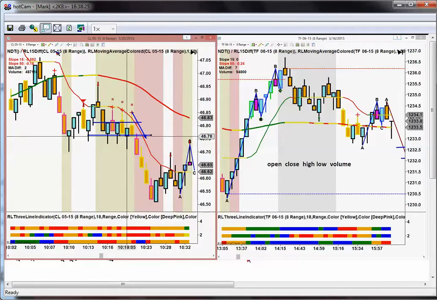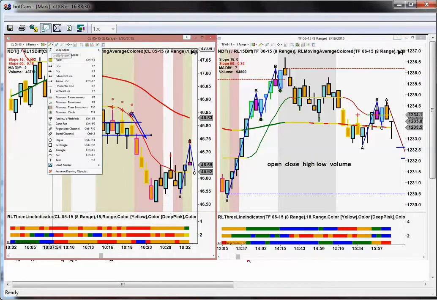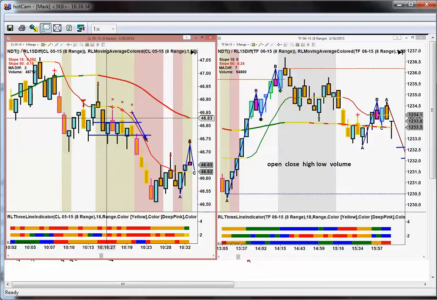Now, whatever moving average you use, you're going to see that during these periods of consolidation, the moving average is going to continue to fall. And you ask yourself, why is the moving average falling when price isn't falling?